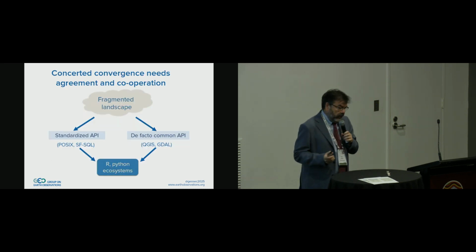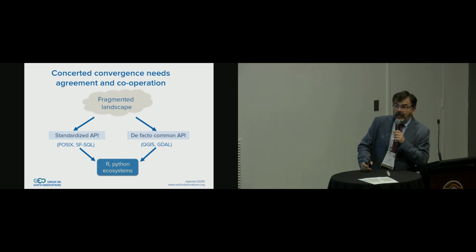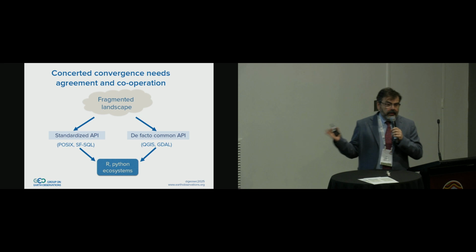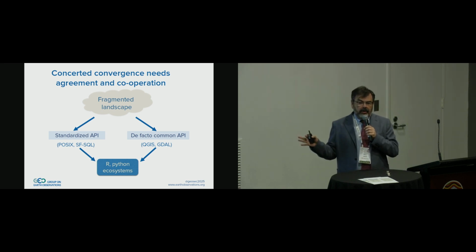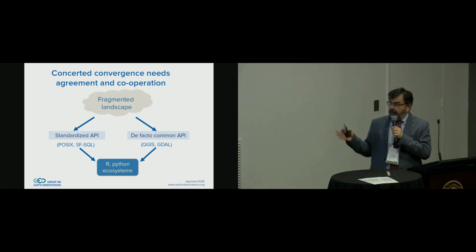And for that convergence to take place, we need an effort that goes beyond the analysis-ready data. What do we need to put together? I'm not going to give you any recipes. I'm just going to say there are traditionally two ways around it. One is a standardized API, like POSIX was for Linux, SQL was for databases, or a de facto common API like GDAL is for many of those who use raster image processing.